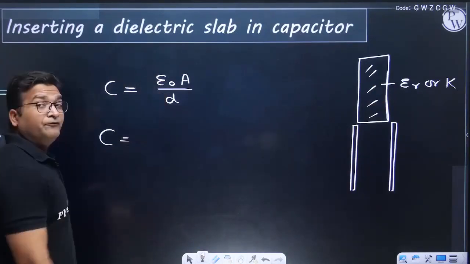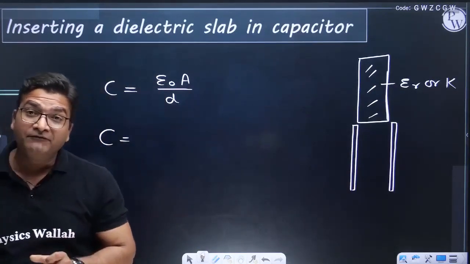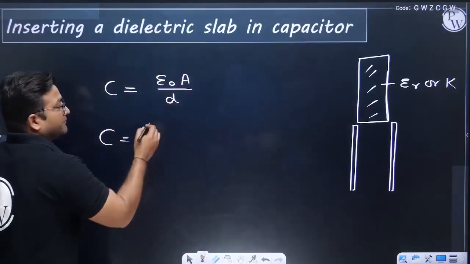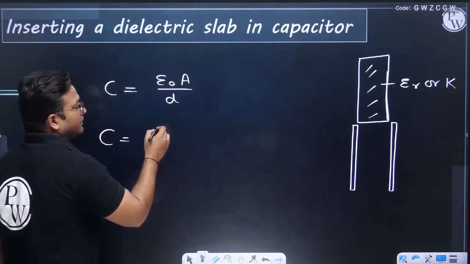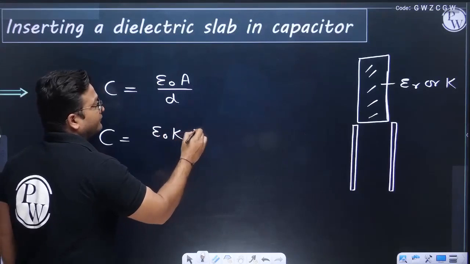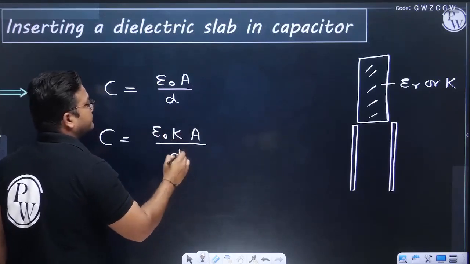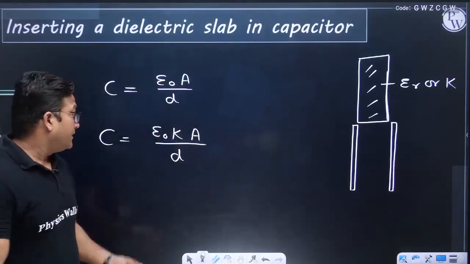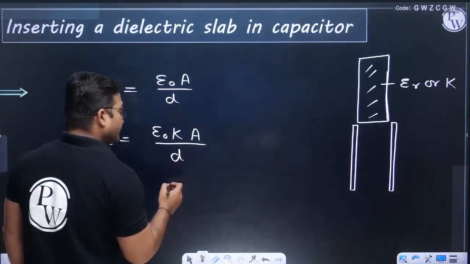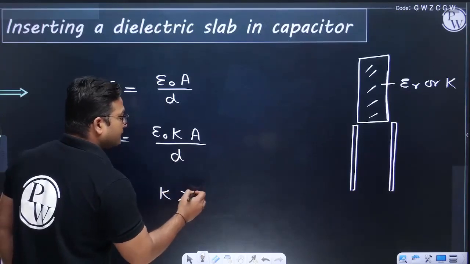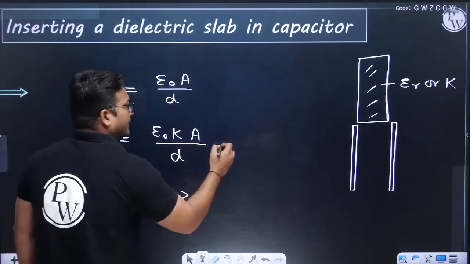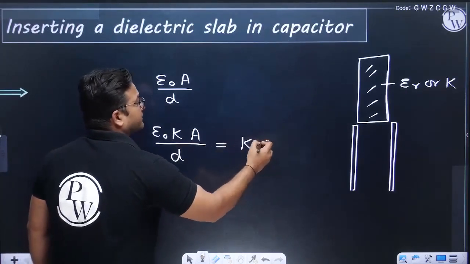The permittivity of free space is replaced by permittivity of that medium of insulating material, and permittivity, as you know, is equal to epsilon naught epsilon R or epsilon naught K times A divided by D. So can you see the capacitance improves by a factor K, and as you know, K is always more than 1 for all kinds of insulating materials.